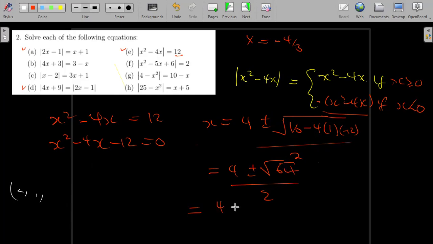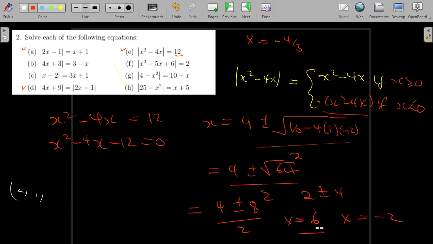Since I know that's a perfect square, I can evaluate that, and that is going to give me plus or minus 8. So I have 8 there, and 2. Then I can divide the 2 both sides. I get 2 plus or minus 4. So the values of x are going to be, when we add, we get 6, and when we subtract, we get negative 2.